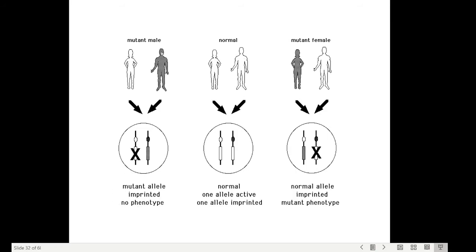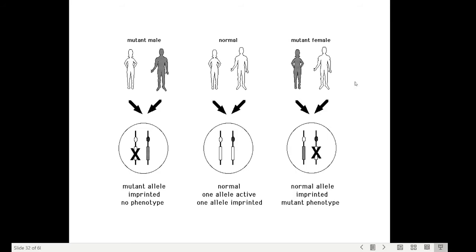It's a mutant, here a specific mutant male. In a normal one, there is a combination: the normal one is active and one allele is imprinted. Here the mother is mutated, so the normal allele is imprinted and there is a mutant phenotype, because the mother character is a major one, being the oocyte character.